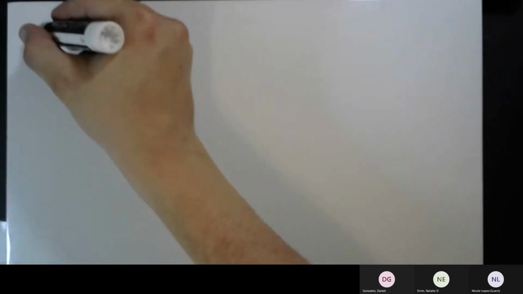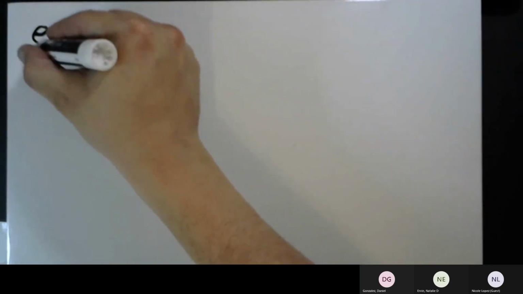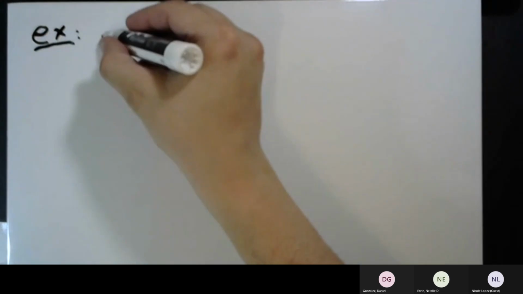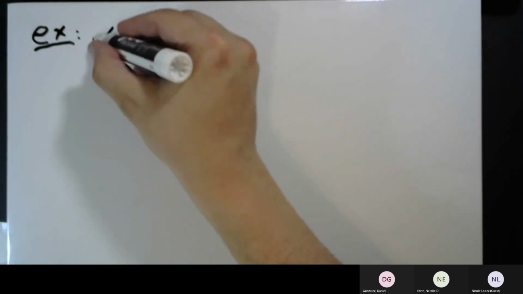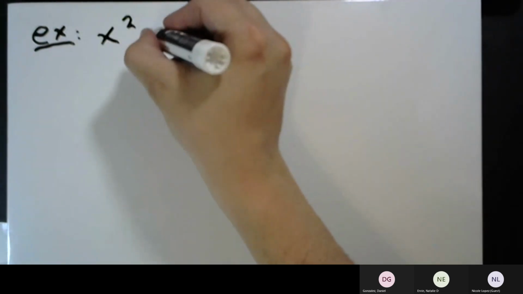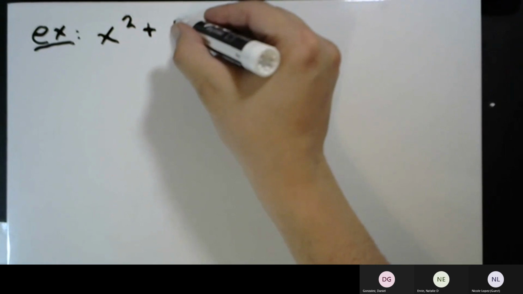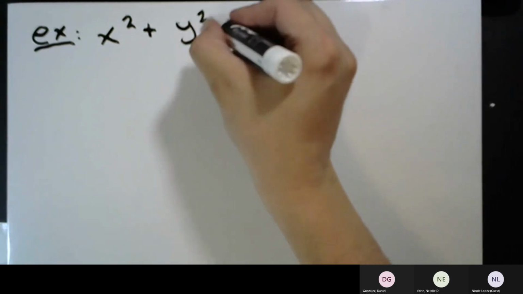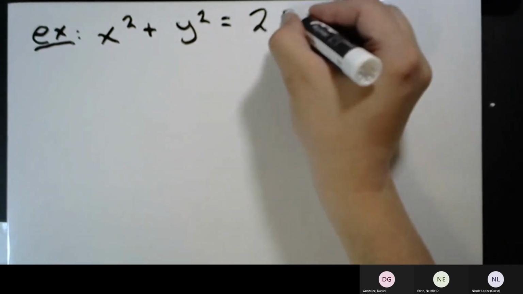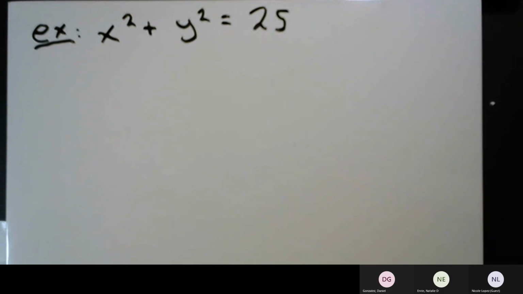So let's see here. Let's say we have this. So we've got another circle.